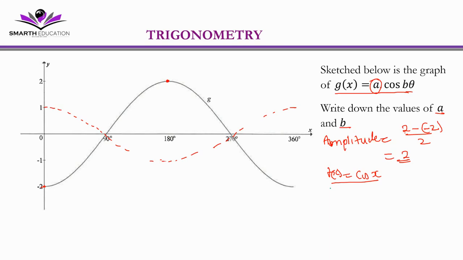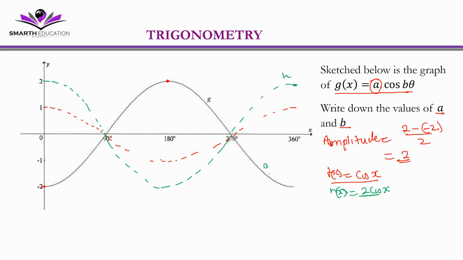Let's say we have another graph, h of x is equal to 2 cos x. What does this 2 do? It does a vertical stretch, so it's going to be like this. 2, and then 180 is -2, then 270 is 0, then 360.